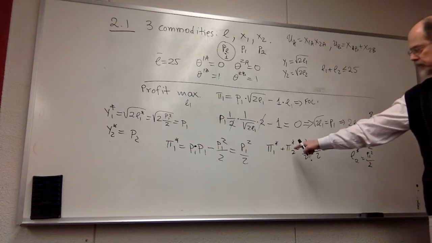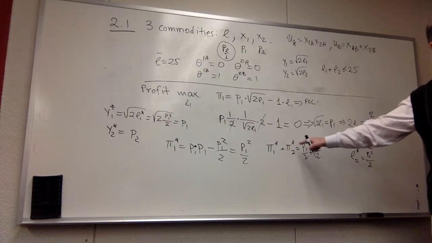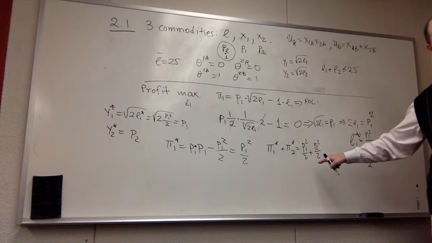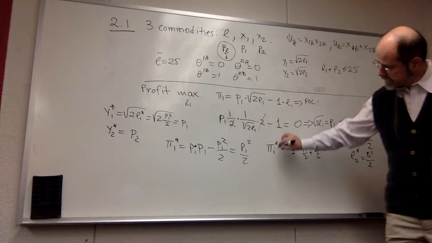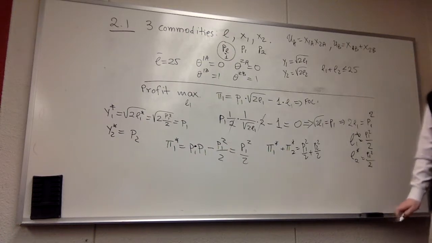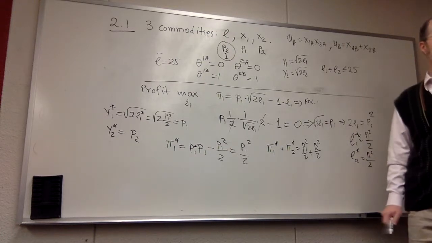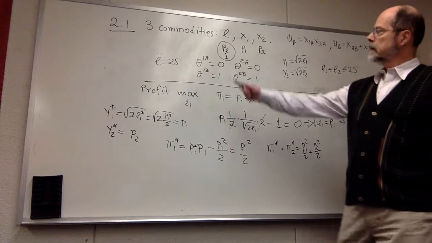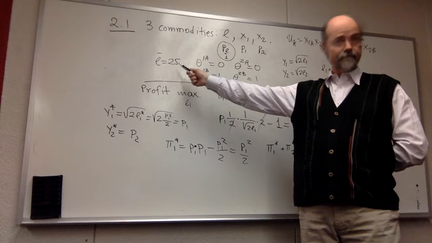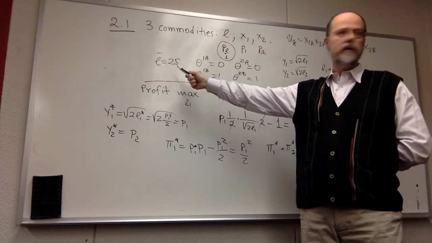Because pi 2 star is going to be P2 squared over 2. So now you know how to write the budget for person 2. For person 1, it's quite simple because they only get income equal to 1 times 25, because they only own the 25 units of the input.